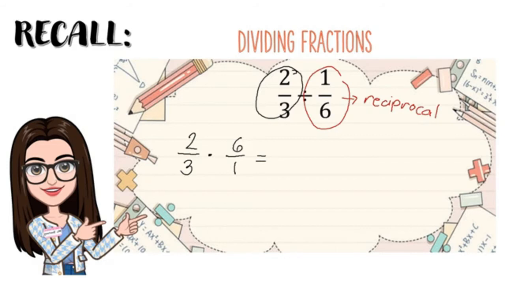Can we simplify 3 and 6? Yes, because 3 divided by 3 is 1 and 6 divided by 3 is 2. Then multiply numerator times numerator. 2 times 2 is 4, and 1 times 1 is 1, or we could simply write this as 4.